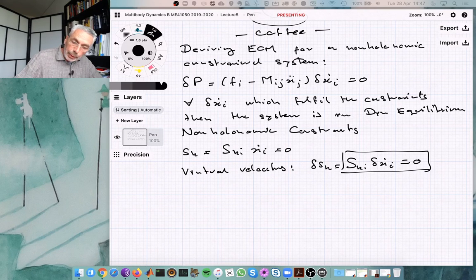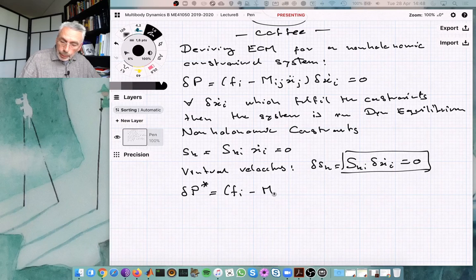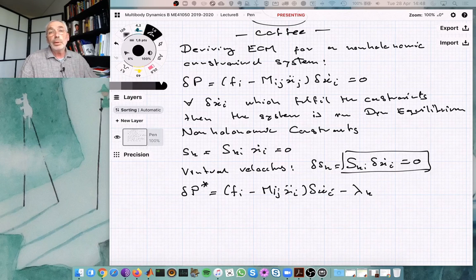Then we're going to put them again into this equation by means of the famous Lagrangian multipliers, the unknown Lagrangian multipliers. So delta P star, it's now a different thing. Again, the original part which we had, x double dot_i delta x dot_i, minus lambda_k delta s_k, and the minus or plus is just a sign convention. I tend to like minus, because then everything is on one side of the equation.